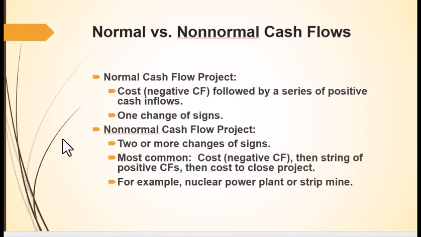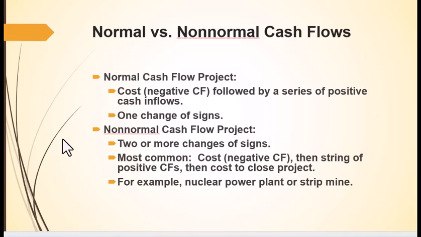So a normal cash flow is the typical kind of investment. You pay for something today, and it's followed by a series of positive cash flows to the end. There's only one change of signs, negative to positive. Non-normal means there are 2 or more changes in signs. So you have an outflow when you purchase, then a string of positive cash flows, and then for some reason we have to rebuild.